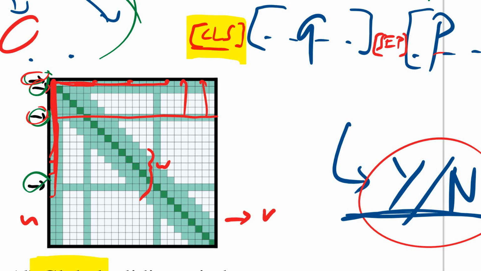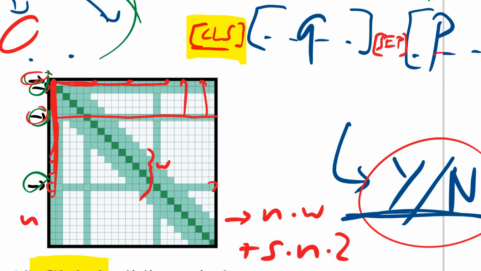So we have n times W memory. But then we also add the global attention, so plus the number of special tokens times, right? If there's a special token, it will have n times 2 memory requirement, because it can attend from and to in each layer.